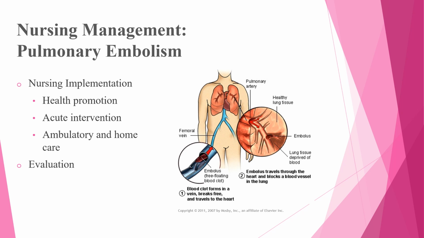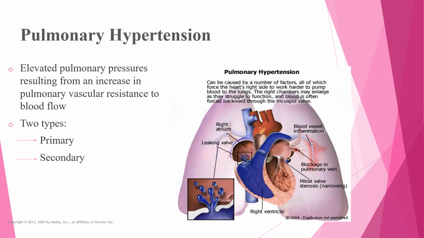So there's a lot that goes into deciding if we're going to use the TPA or have heparin. Could be the severity of the blood clots, the patient's history, but those are the two medications utilized the most.